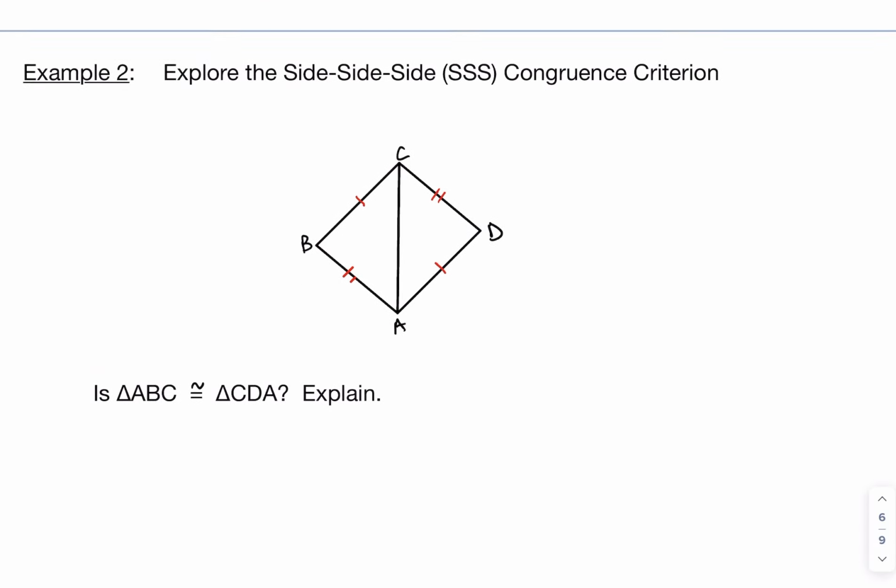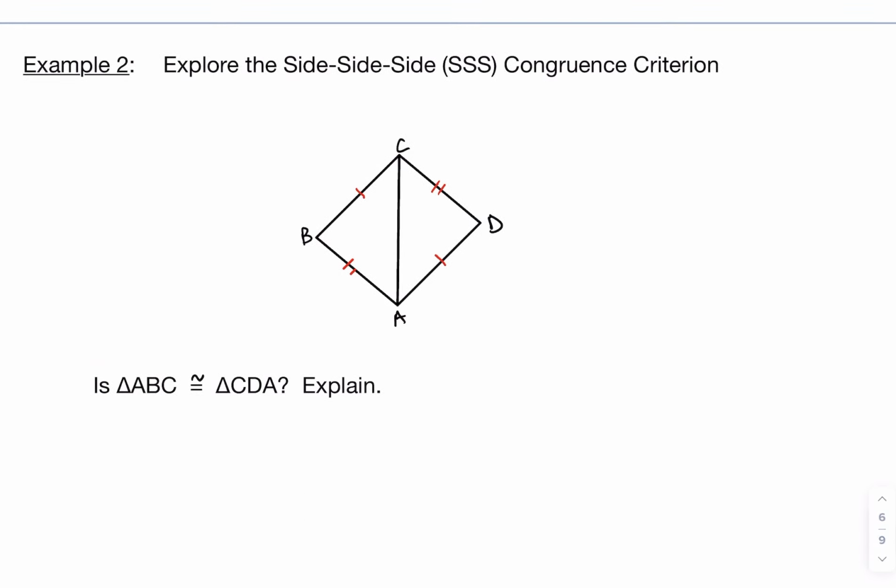All right, so let's go ahead and take a look at example 2. Okay, we're going to go ahead and explore the theorem that we just learned. And the question is triangle ABC, is this triangle here congruent to CDA? Okay, well, let's take a quick look. We know that segment BC, or side BC, is congruent to AD because of the single hash mark.